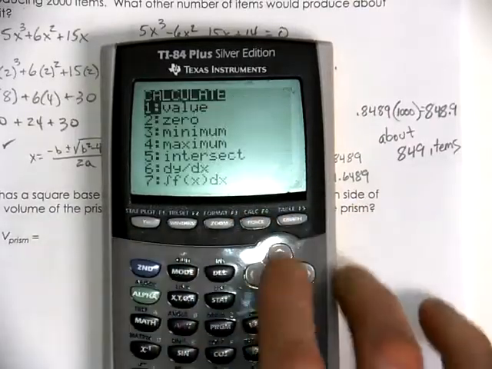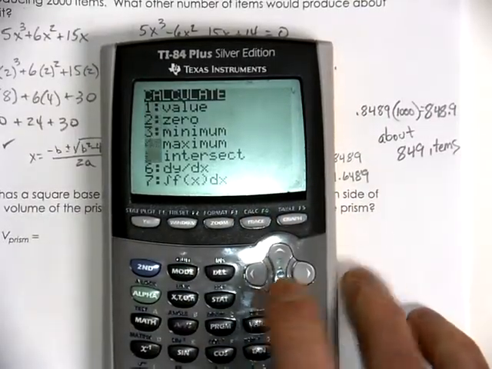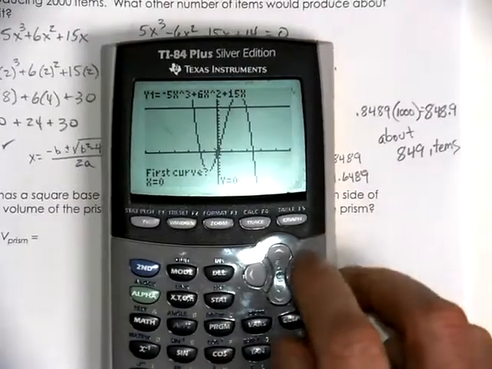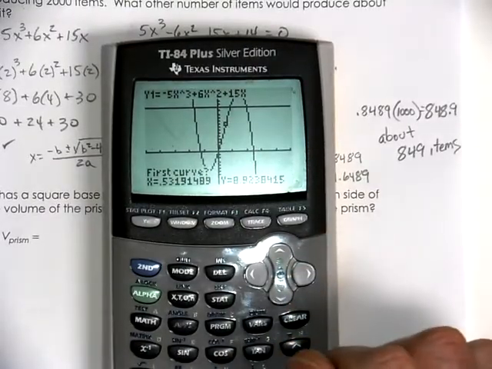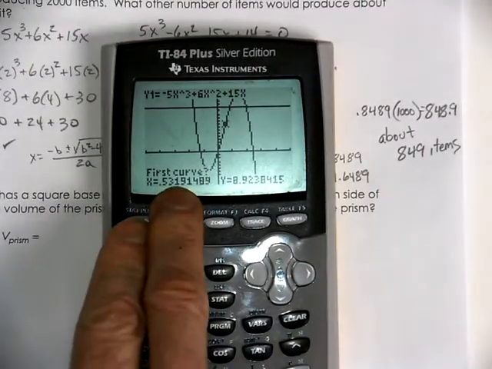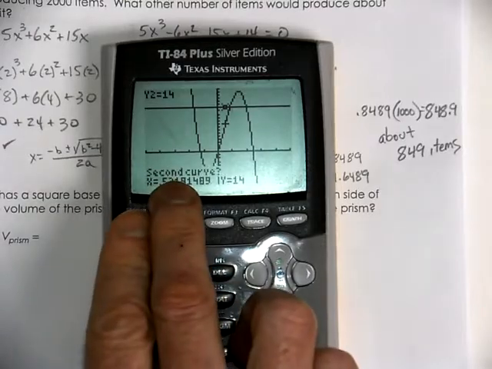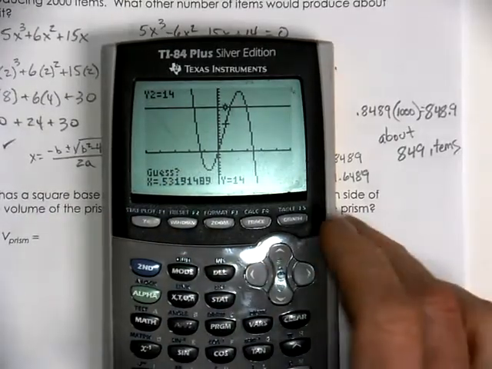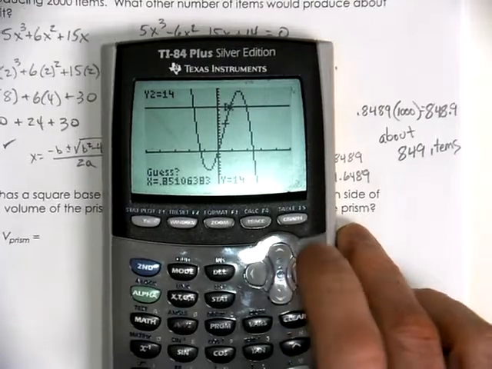If we do second trace, which is the calculate menu, we go to intersection, and we need to take the intersection of our two graphs. This is our first curve, our second curve, enter, and then you get close to the answer you're looking for.